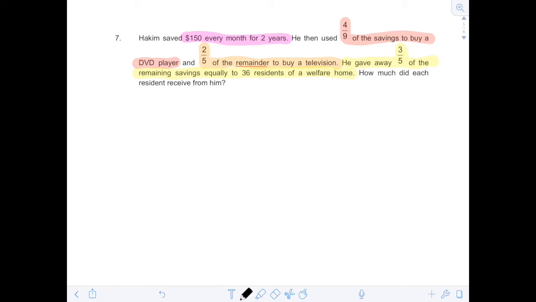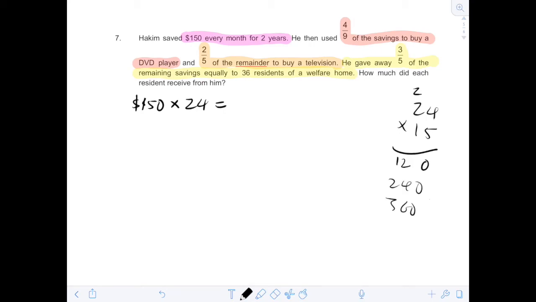So what we have to do here is take the 150 and multiply by the 24 months. Because my calculator is not with me, let me just check: 24 times 5 is 120, 24 times 1 is 240, so 360.